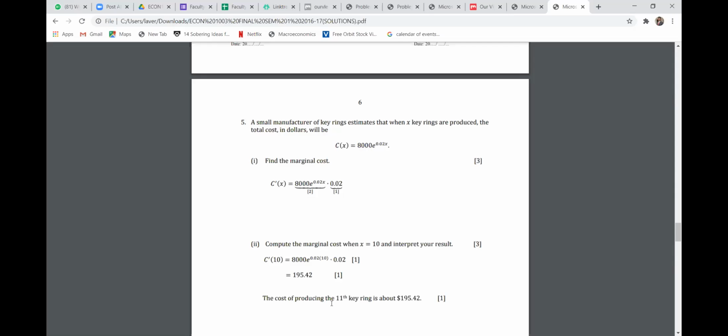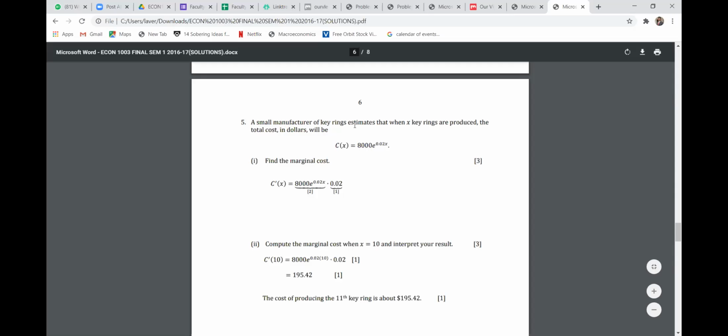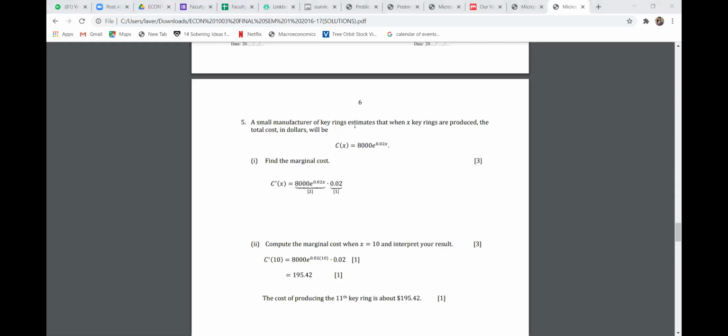All right. So in this case, when it's asking us to find the marginal cost, it's asking us to find the differential of the function that's given, right? And we can see that the function that's given is C of x is equal to 8,000 e raised to the power of 0.02x.